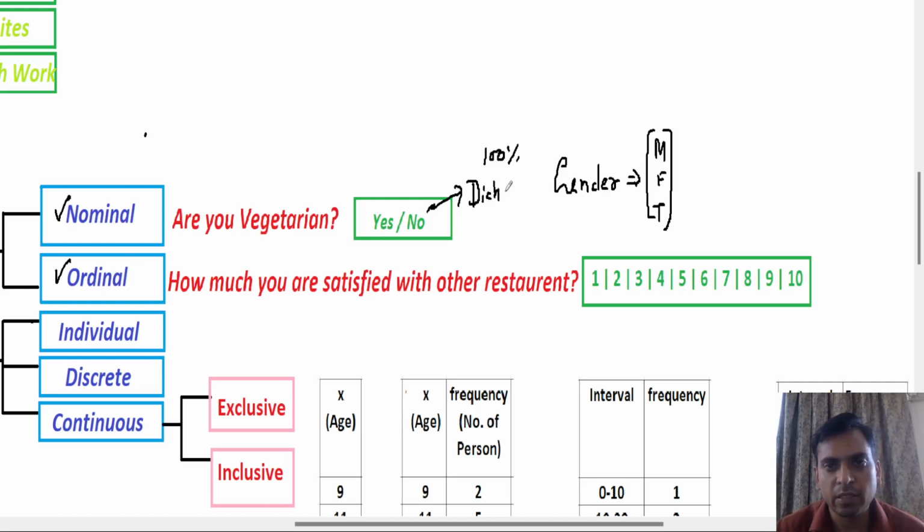But if your answer is based on satisfaction, you cannot measure satisfaction exactly; you may be 50% satisfied or 60% satisfied. So you may mark 5 or you may mark 6, it doesn't matter. When you have this type of question and label-based answers, this is considered ordinal data. So the two types of data are nominal and ordinal.